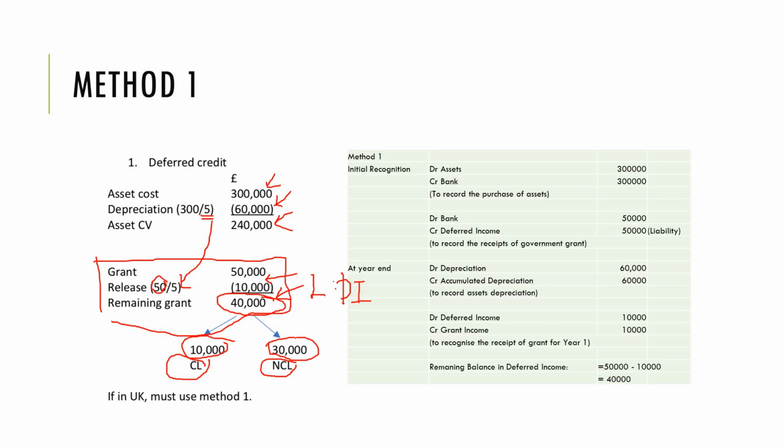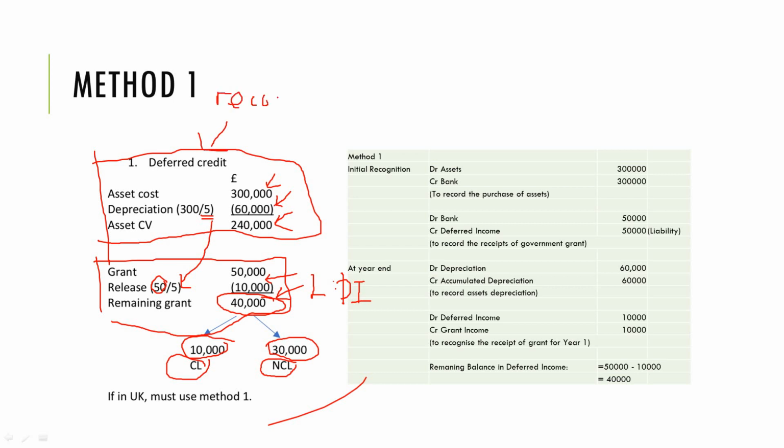So the main thing that you have to understand here, if we use the first method, is that first you have to record the asset at cost. Okay, the cost is 300,000, minus the depreciation, then you get the carrying value.